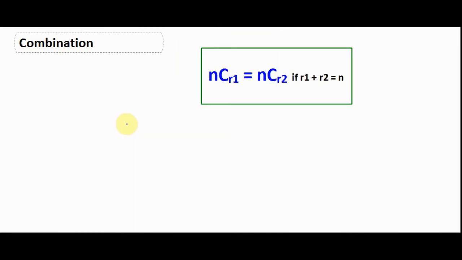Now let's see one relation corresponding to combination. nCr1 is equal to nCr2 if r1 plus r2 is equal to n. Let's see an example. 5C2 will be equal to 5C3, because here in place of r1 we have 2 and in place of r2 we are having 3. So when you add these two, 2 plus 3, we get 5.